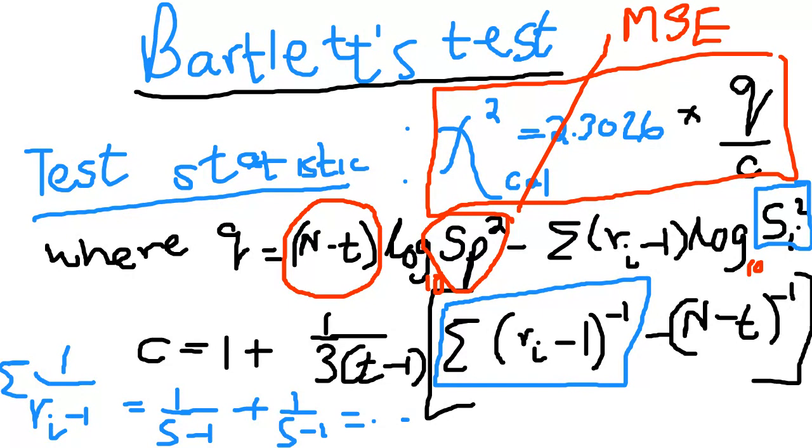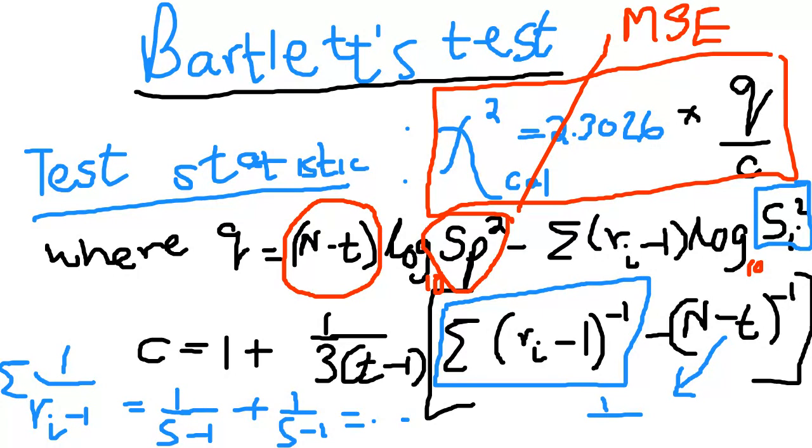The second part is simply 1 divided by the degrees of freedom of error, because it's the power negative 1. So you just put the value of the degrees of freedom of error here. From there you are done. Whatever you find here, you compare it with chi-square of alpha and t minus 1.